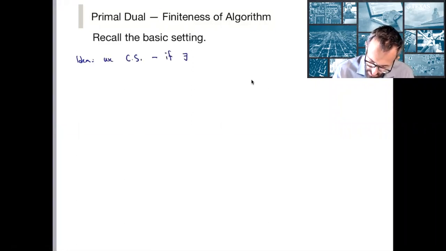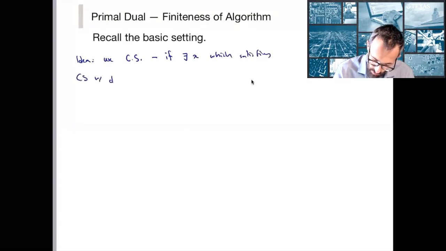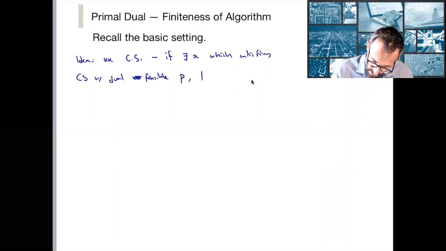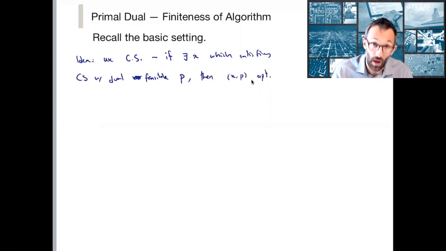If there exists an X which satisfies complementary slackness with our dual feasible P, then we know that X, P are an optimal pair. Otherwise, we can improve P. So again, very, very briefly, this is how it works.